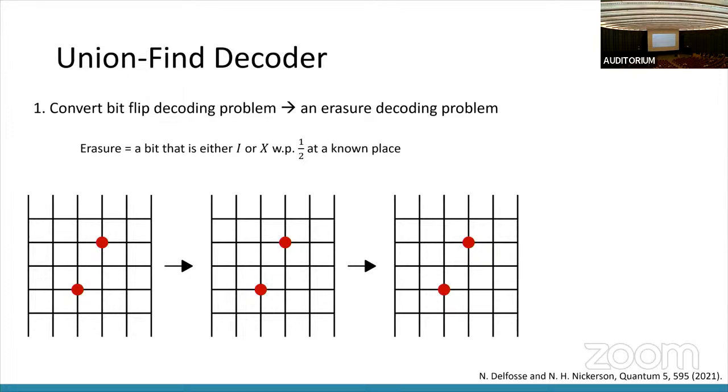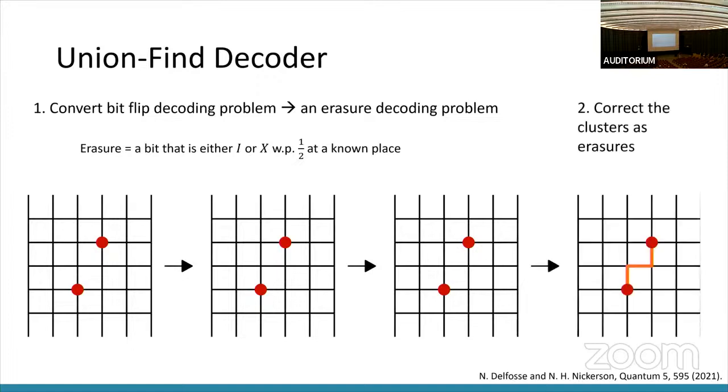And so in this step, we grow this erasure region to basically denote that all qubits near here and near here are now going to be denoted as erased. So they're either going to be identity or X at specifically these places. And in here, maybe it's impossible to see, but the clusters have grown such that they have merged. And we stop growing when all the clusters have merged, and specifically when there's an even number of red nodes inside a cluster.